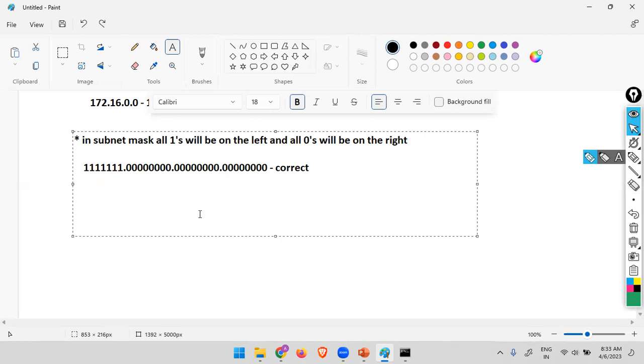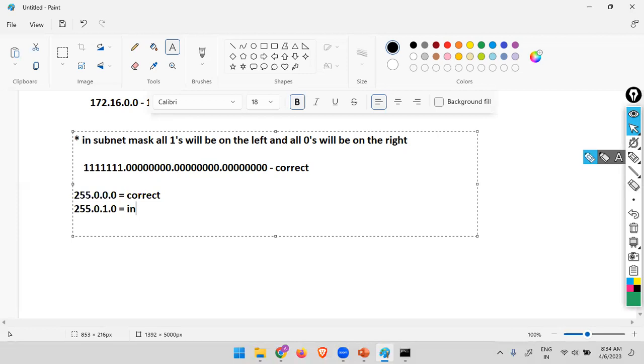So that means if I write a subnet mask, let's say 255.0.0.0, is it correct or incorrect? Correct. If I say 255.0.1.0, will that be correct or incorrect? What do you think? Incorrect. Anyone saying correct?